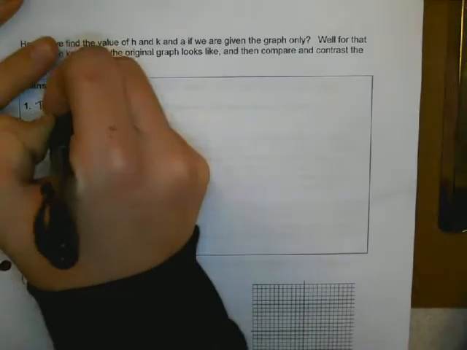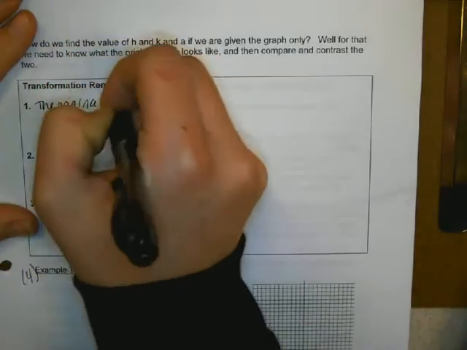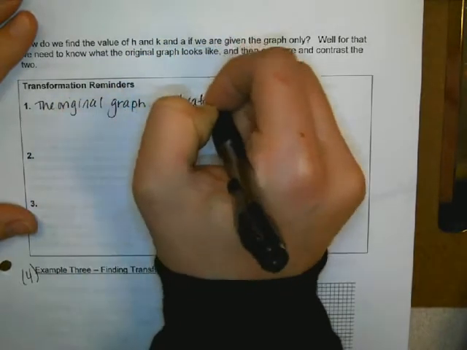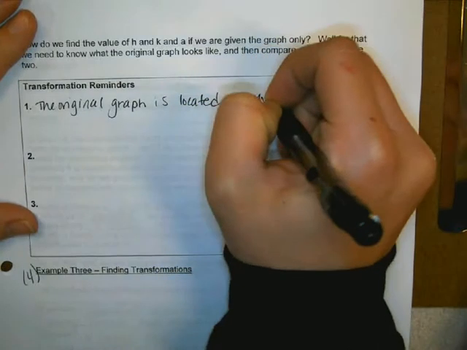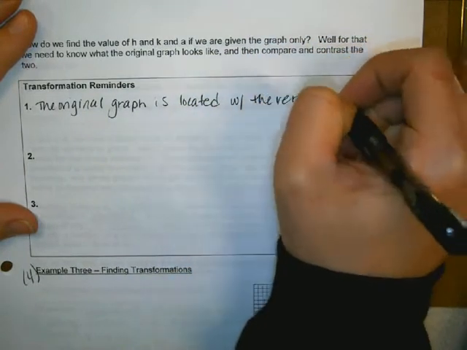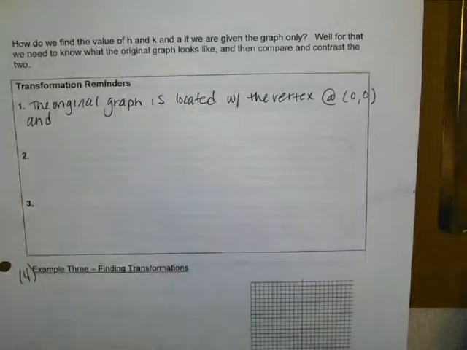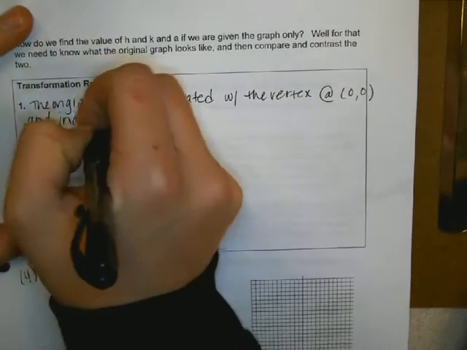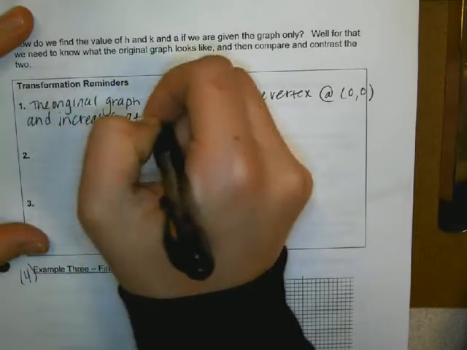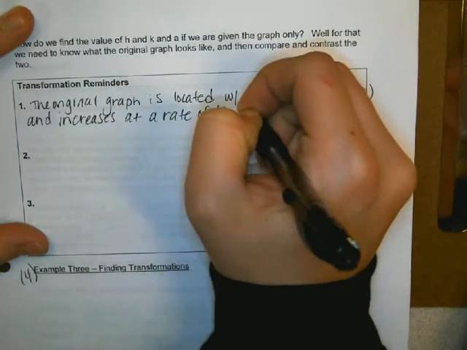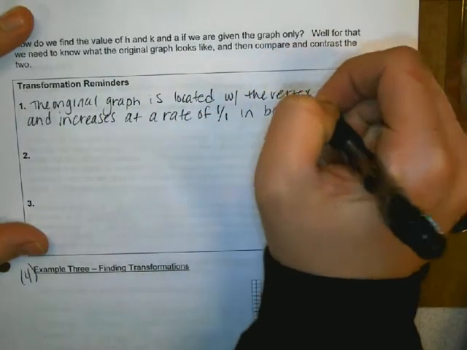The original graph is located with the vertex at 0, 0, and increases, or decreases, at a rate of 1 over 1 in both directions.